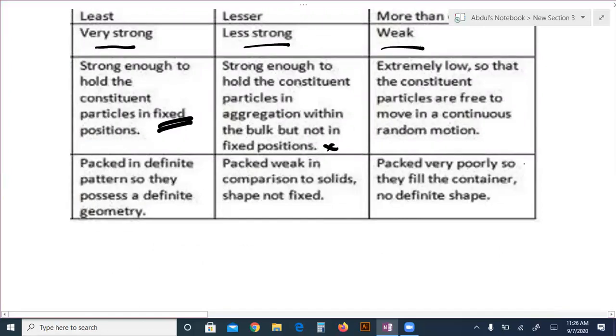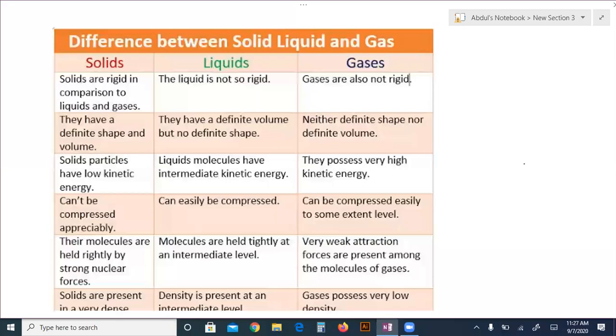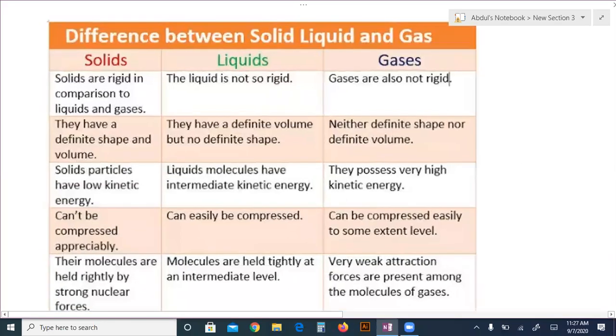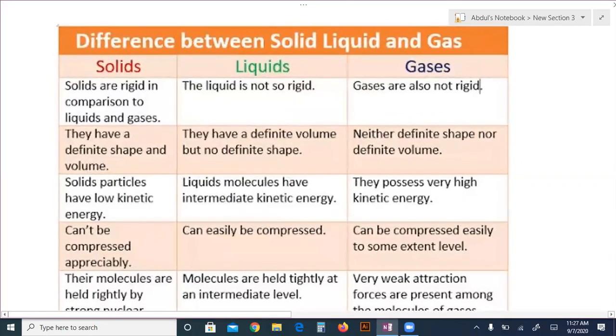Okay, now the differences between the solid, liquid, and the gas. Solid is rigid in comparison to the liquid and gases. The liquid is not so rigid. Gases are also not rigid. Solids have definite shape and volume. Liquids have definite volume, but no definite shape.